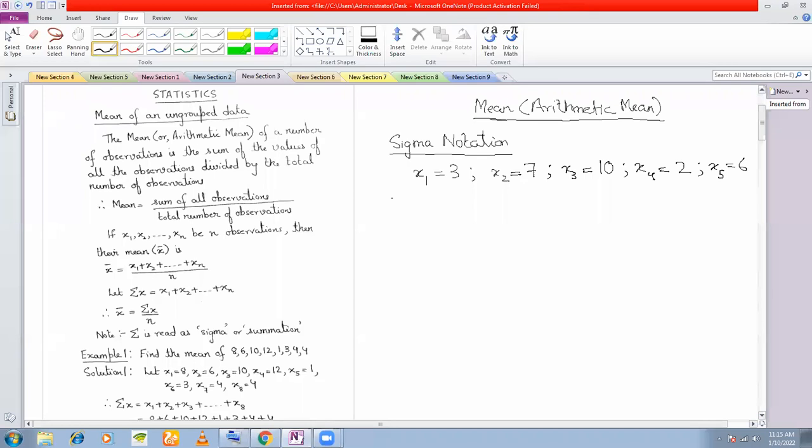If I write sigma, it's also called the summation. This symbol is called sigma, and mathematically it represents summation.